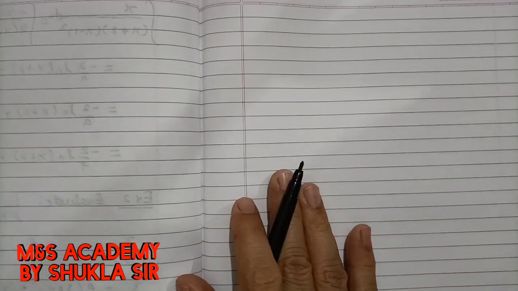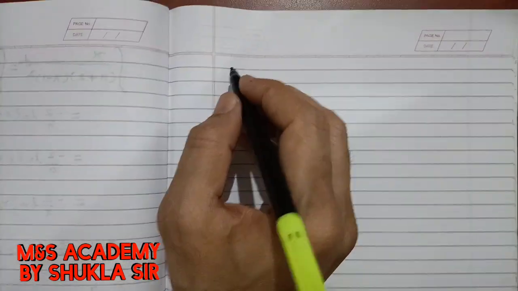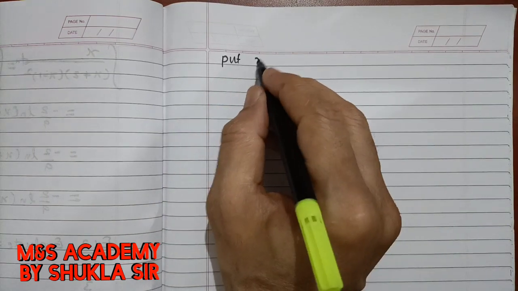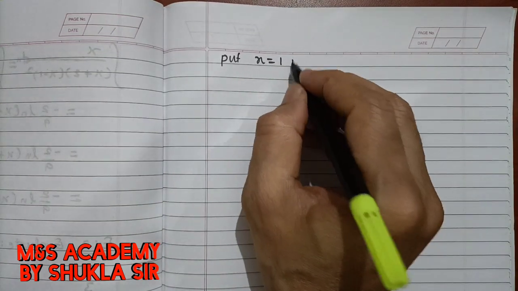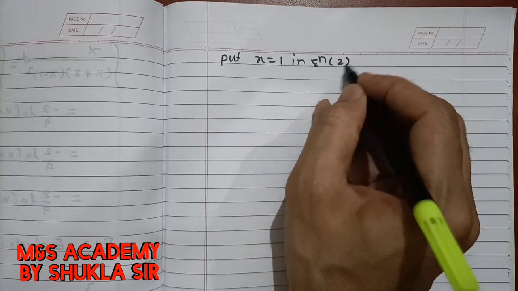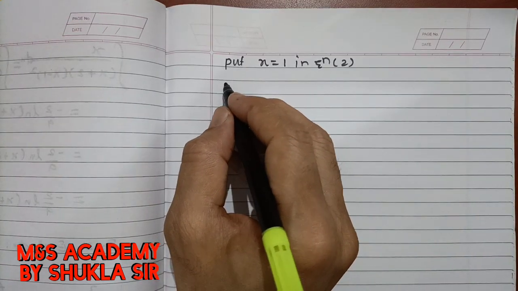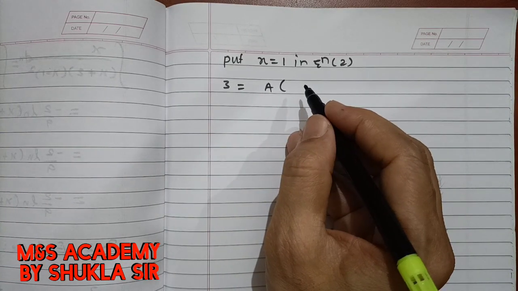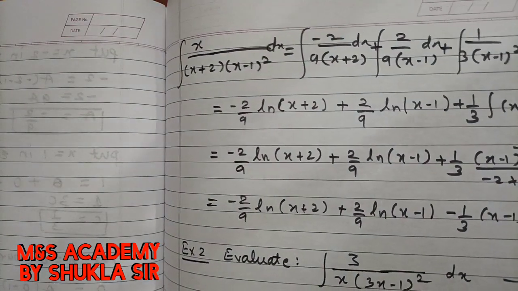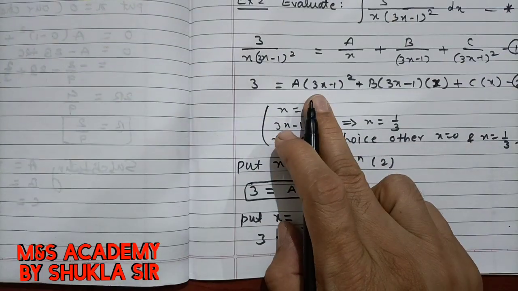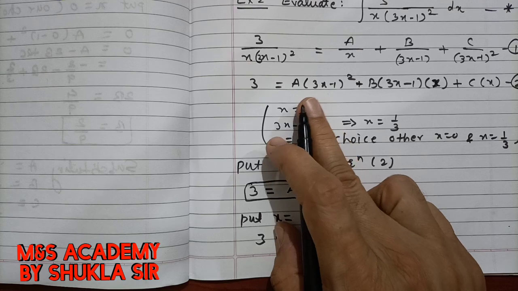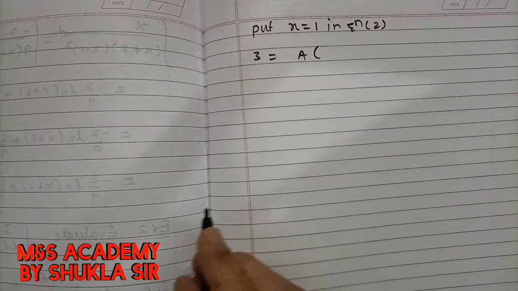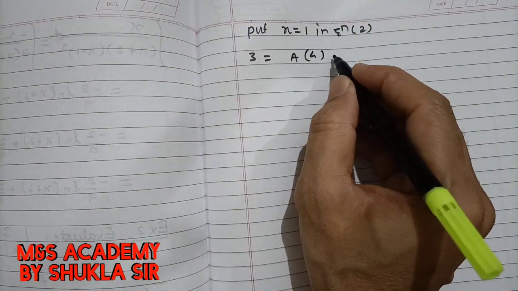Next we put x is equal to 1 in equation 2, since the LHS is a constant, no change. a times 1, so x values, 3 into 1, 3 minus 1, so 2 square is 4, so 4 times a.